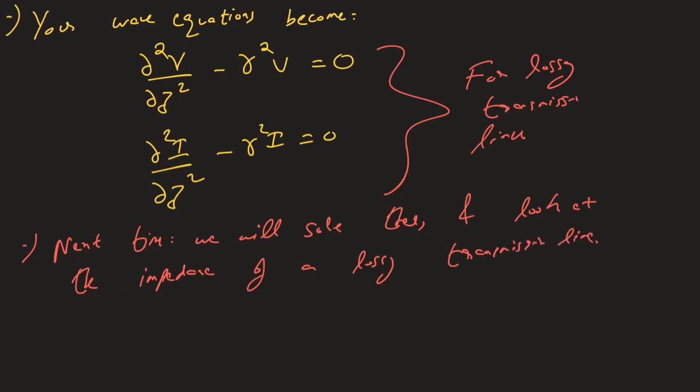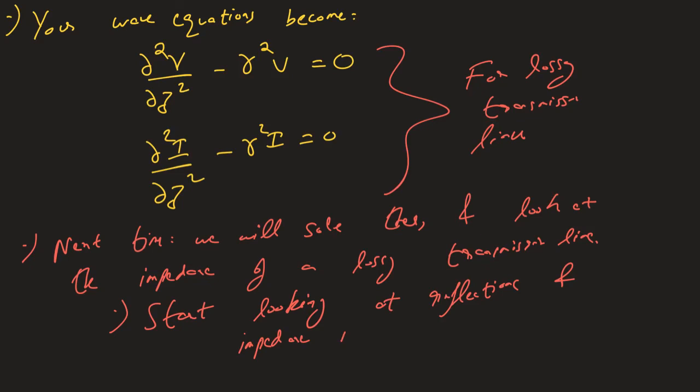We will also start looking at reflections and impedance matching. So the next couple of lectures we'll try to wrap all of this up, and that will hopefully be pretty much all you need to know about electromagnetic field analysis at this stage.